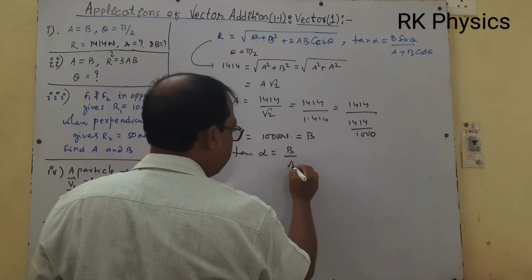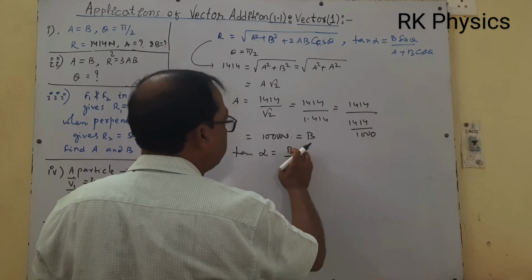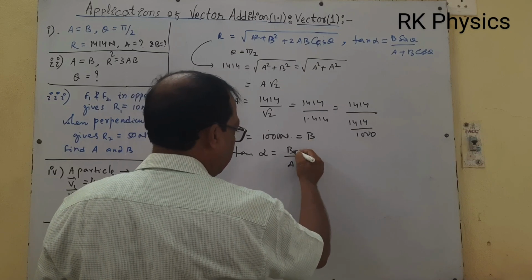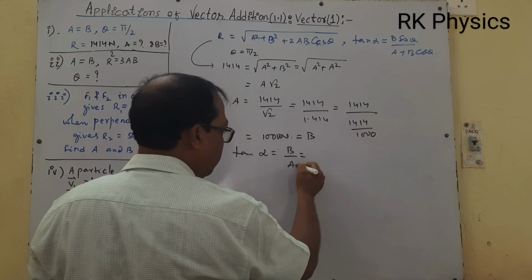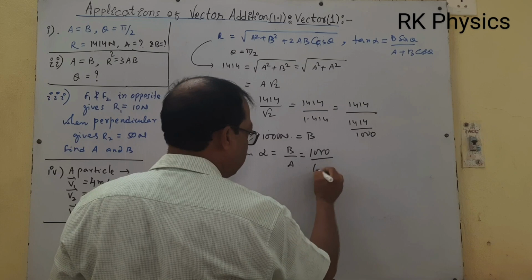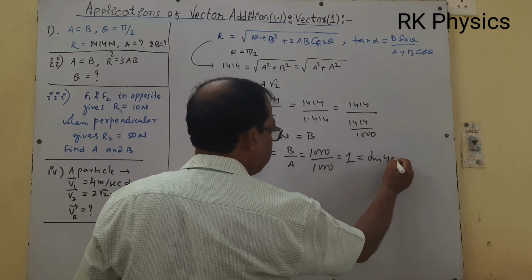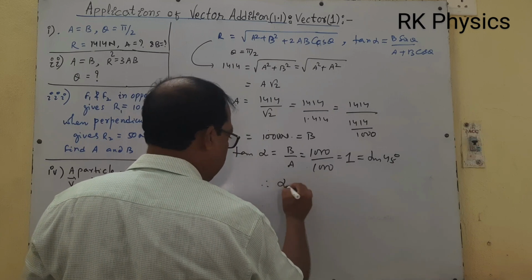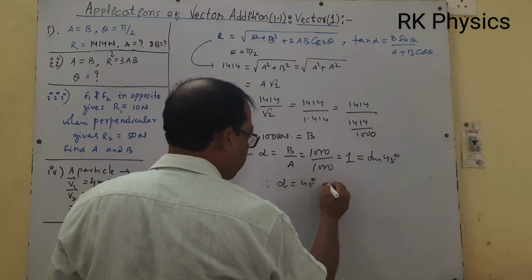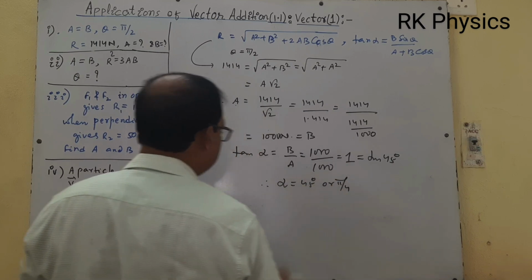Tan alpha is B by A, the y component divided by the x component. This is 1000 by 1000, that is 1, which is equal to tan 45 degree. Therefore alpha equals 45 degree or pi by 4.